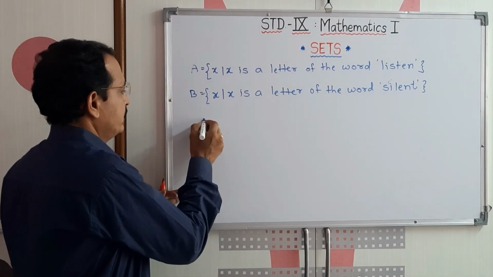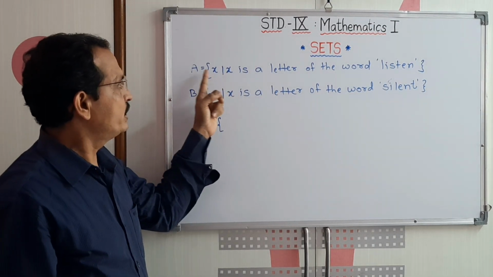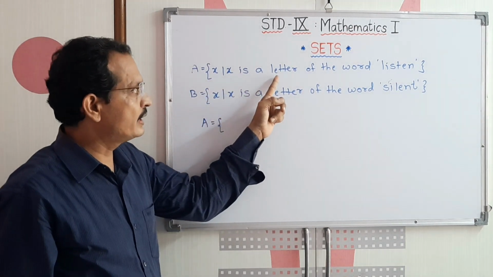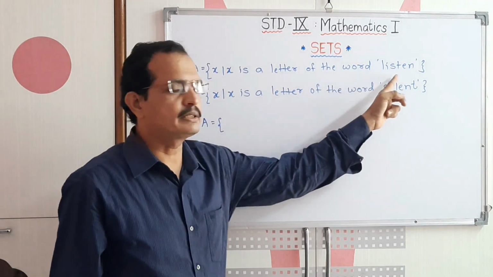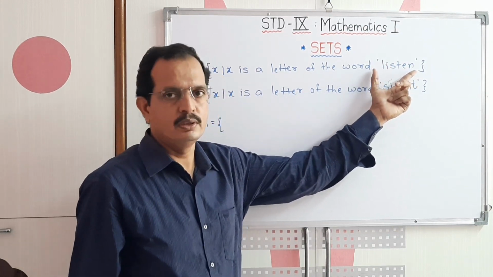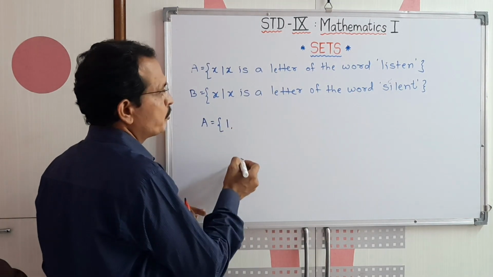Set A is a set of X such that X is a letter of the word listen. That means we have to write the letters from this word. First letter is L. We have to write L. Then put a comma.